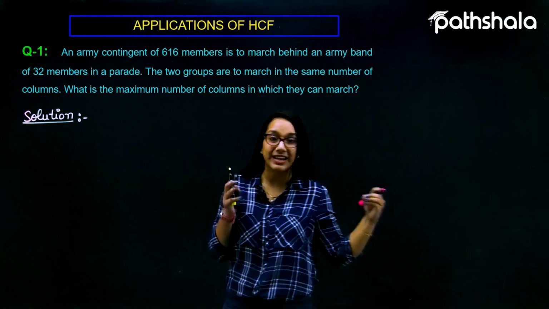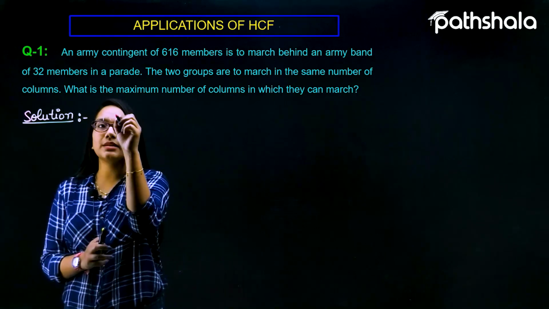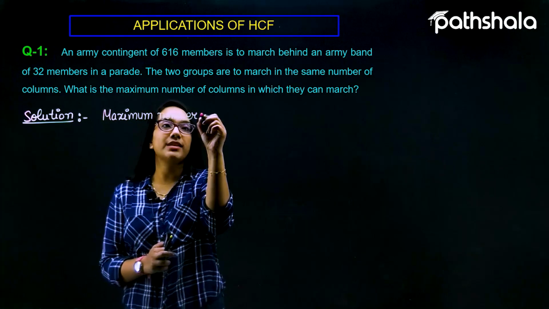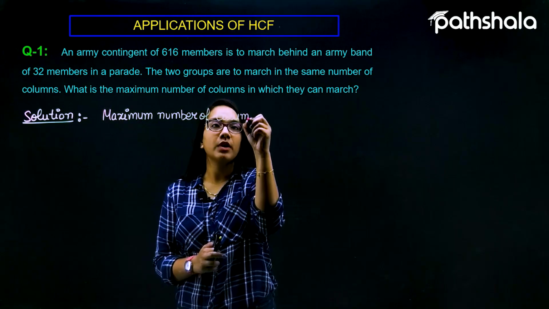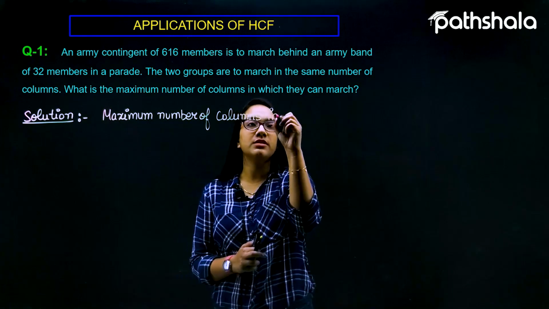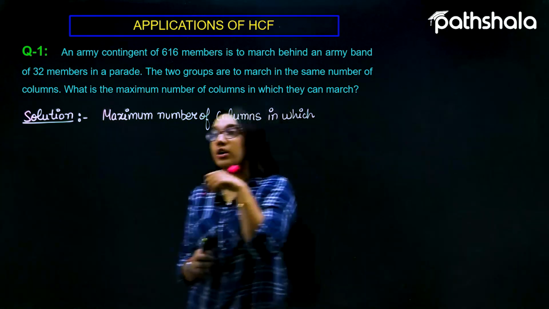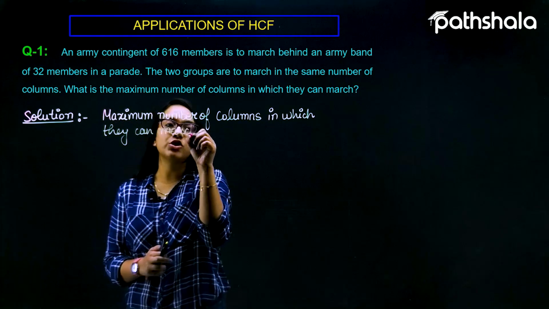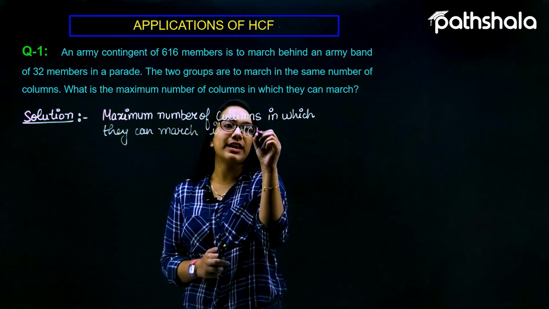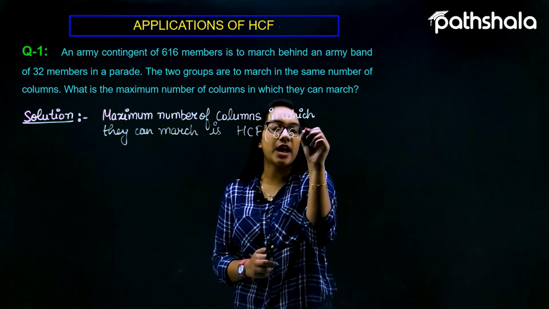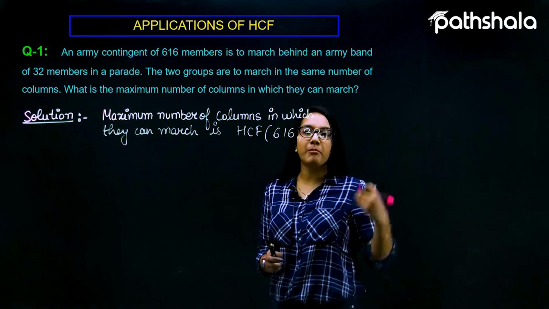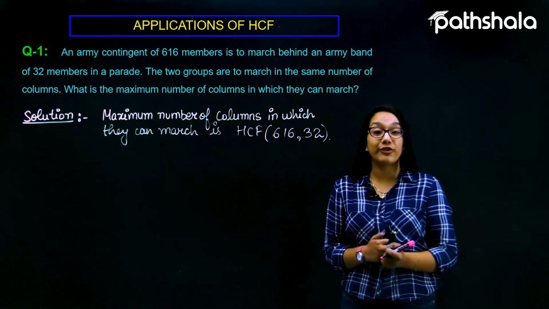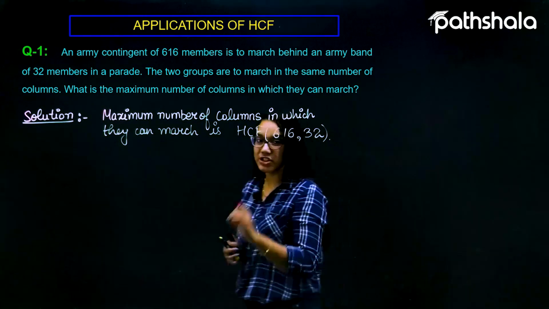So the maximum number of columns in which they can march is actually the HCF of 616 and 32. Let's find the HCF of these two numbers using Euclid's division algorithm.